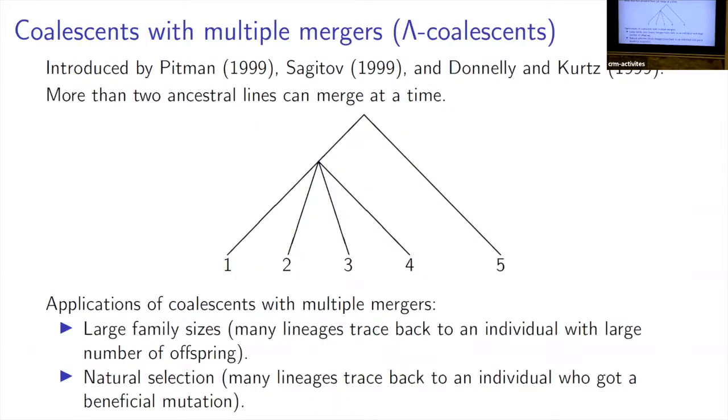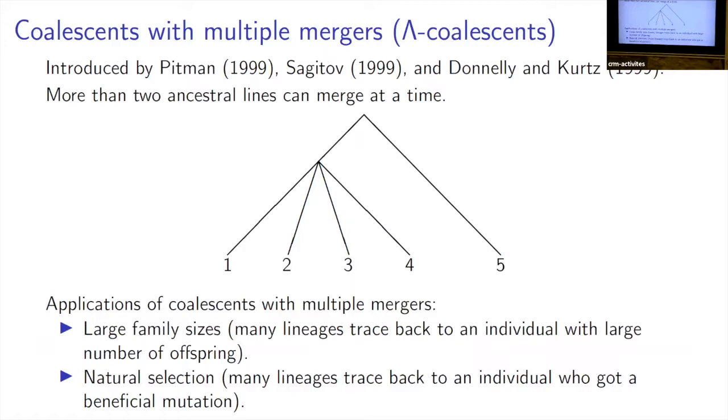Now, Kingman's coalescent describes the genealogy of populations under a wide range of circumstances. But there are also times when it's useful to consider a wider class of coalescent processes known as coalescents with multiple mergers, or lambda coalescents.